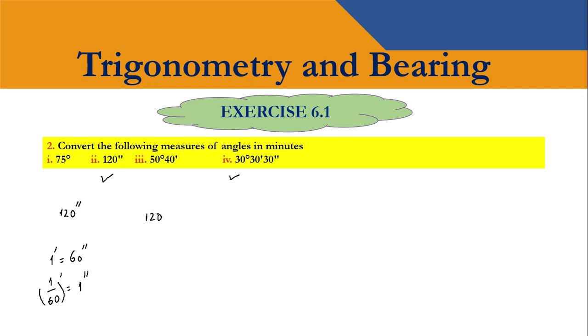So 120 seconds, and we have to multiply 120 with 1 over 60, and the whole answer is converted into minutes. So we change the symbol here, and now it is equal to 2 minutes.